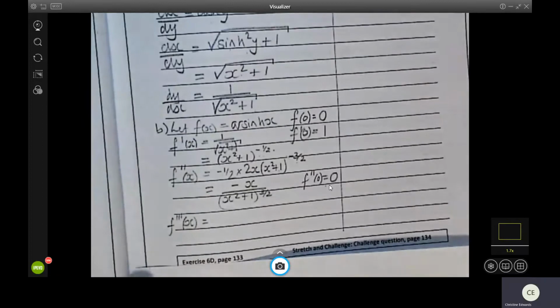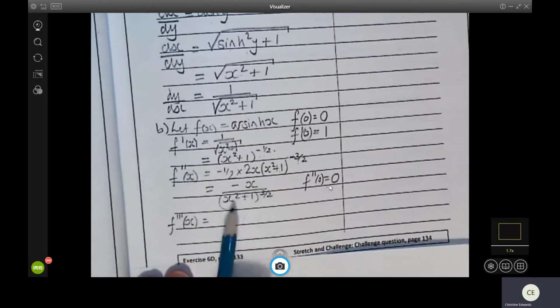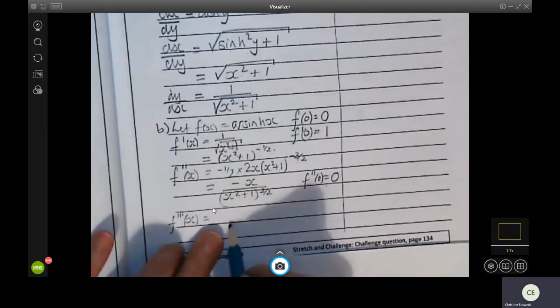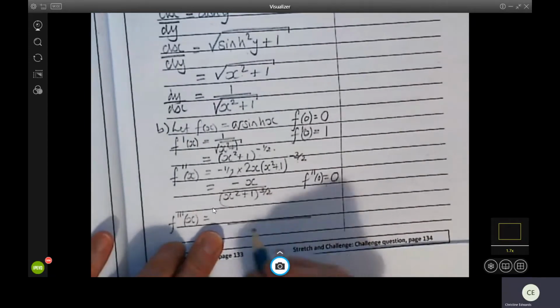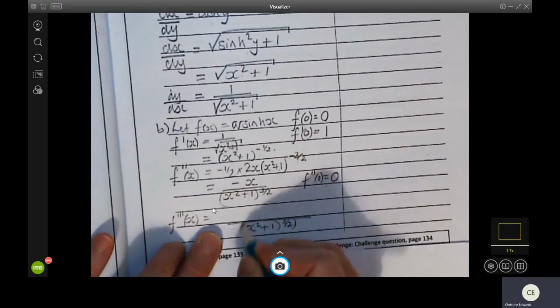So the third derivative, this expression here, I'm going to need to differentiate using the quotient rule. So we are going to need x squared plus 1 to 3 over 2, and that's going to be squared.